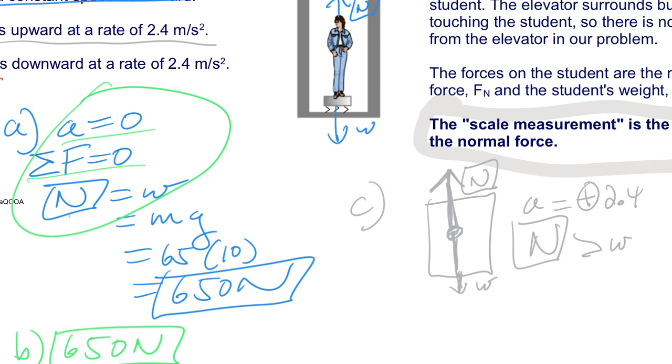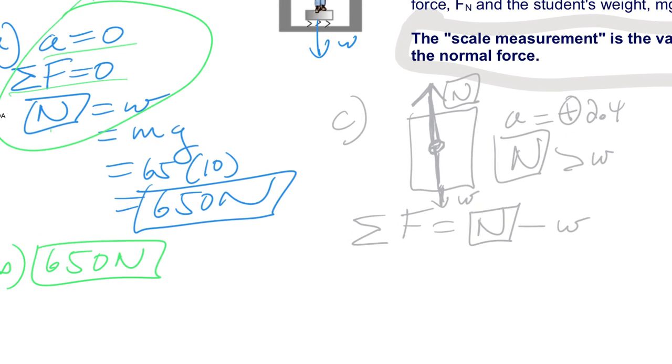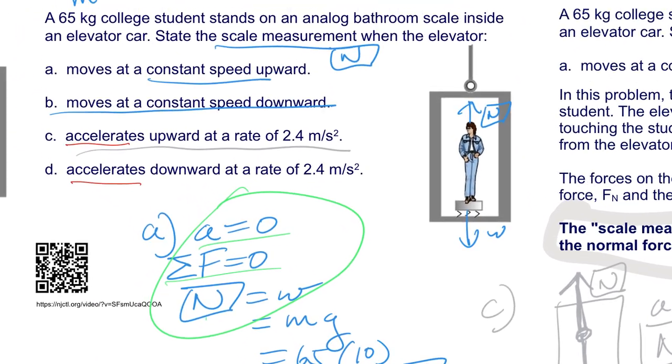So let's find what the scale reading is. Well, net force is up. Net force is the bigger force, in the direction of the acceleration, minus the weight. So net force equals ma. Her mass is 65.